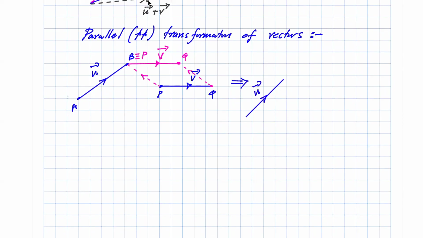U vector here, and then after parallel transformation, you get V vector here, and then the resultant is the vector from A to Q. So this is A point. This is your Q point. So A to Q, right? I would say AQ vector. I can name it the way I want. This AQ vector is nothing but U vector plus V vector.